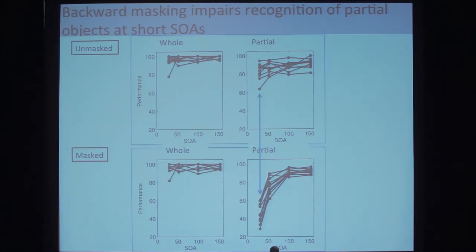If you present the mask at the right time, essentially to be able to impair feedback, we see that performance is severely degraded. In other words, if you inhibit these putative feedback signals by presenting a rapid mask after the stimulus, you cannot complete objects, you cannot do pattern completion, you cannot recognize these objects well when they are heavily occluded, whereas you can still recognize objects pretty well when they're not occluded at all.